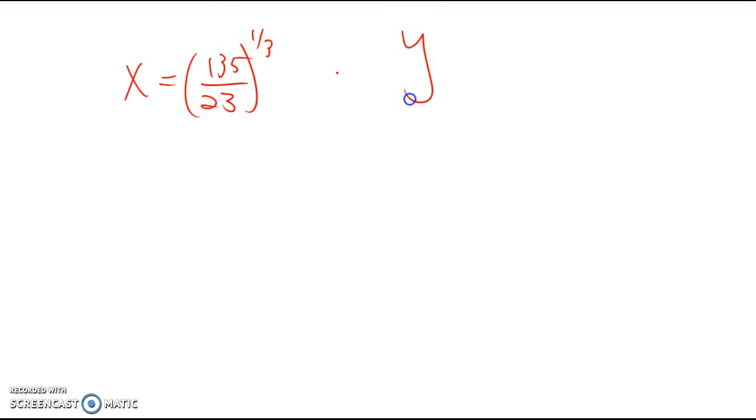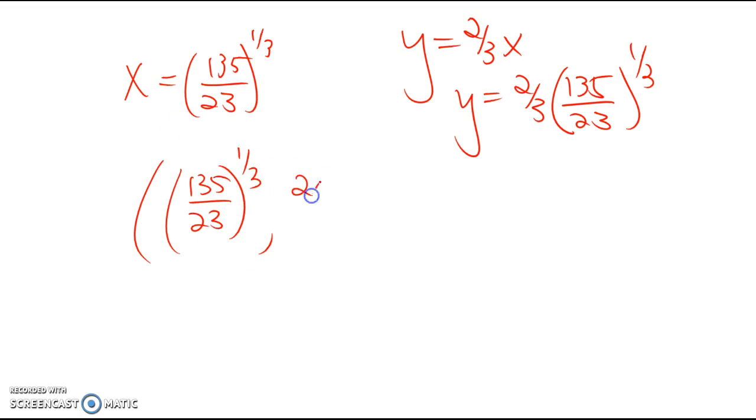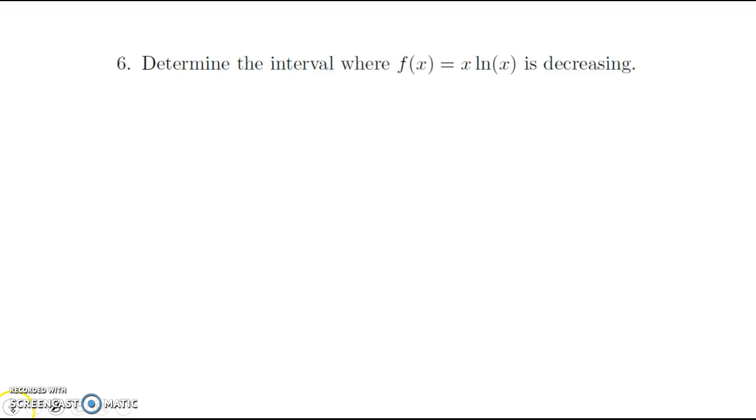So if I found out that x is 135 over 23 to the 1/3, from the relationship that y equals 2/3 x, then I know that y equals 2/3 times this cube root. So this point would be an x of 135 over 23 to the 1/3, and then 2/3 135 over 23 to the 1/3. Wow, I hope you said he won't do this one. But it's doable. It was just a lot of work.